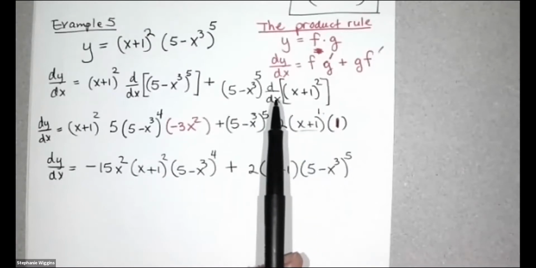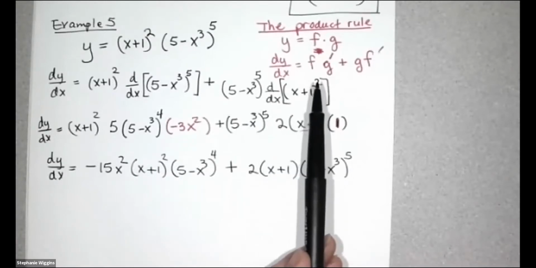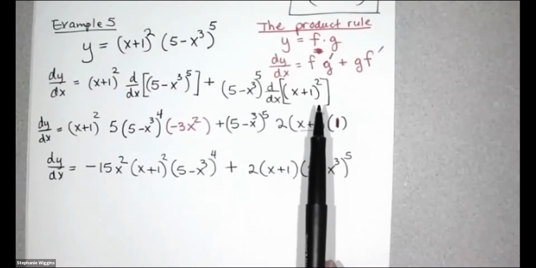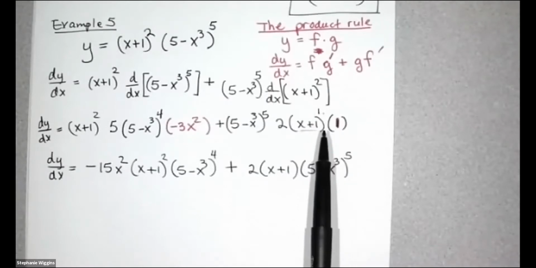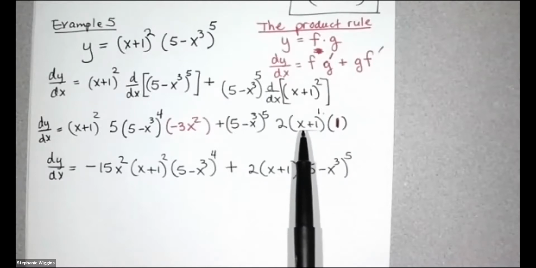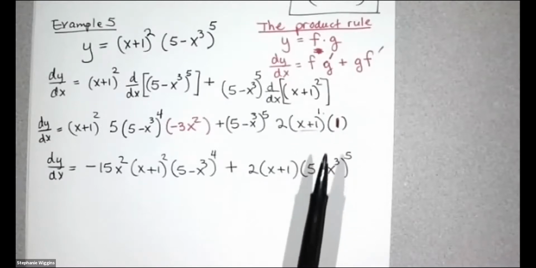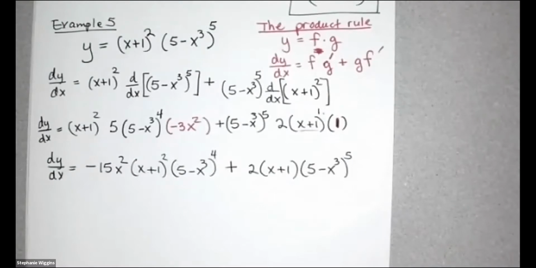Now the derivative here, again, 2 comes out front and I reduce the power by 1. Then I multiply by the derivative of the inside function, which just happens to be 1. Okay? And then here I simplify. Any questions on that one?